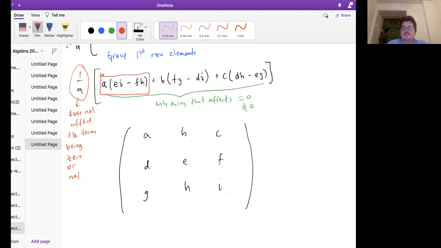Is that special in that matrix? Think about doing EI minus FH. We'll really stare at that matrix. So EI minus FH, that's these terms, right?